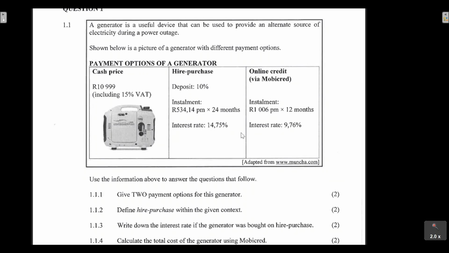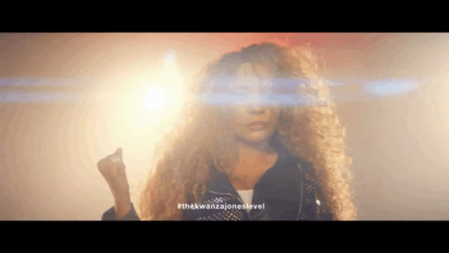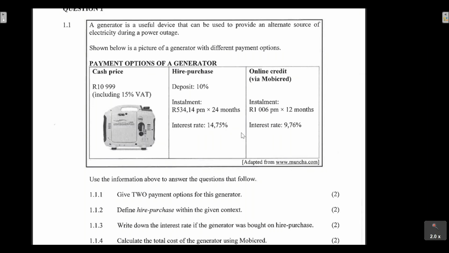Let me give you a brief example of what you shouldn't do. If they say define hire purchase, you would just say a hire purchase agreement is a financial agreement between the shop and the customer about how the customer will pay for the desired product. Full stop. You are just giving the general definition.